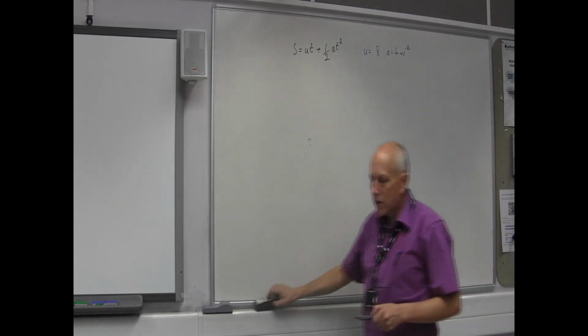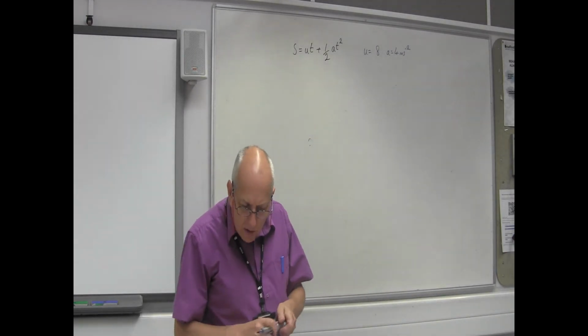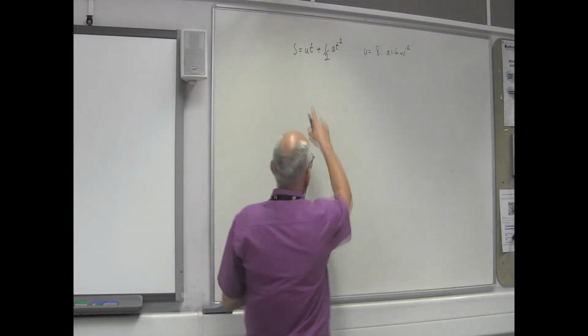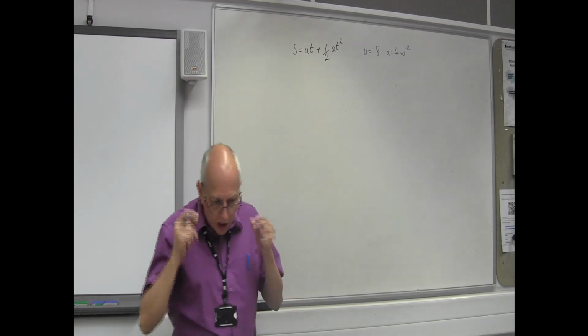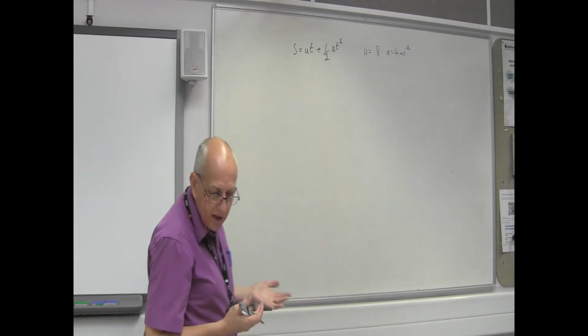Right. Next thing says: differentiate the equation to find the functions for velocity. So we've got the equation for D, and I've got to find the expression that represents velocity.